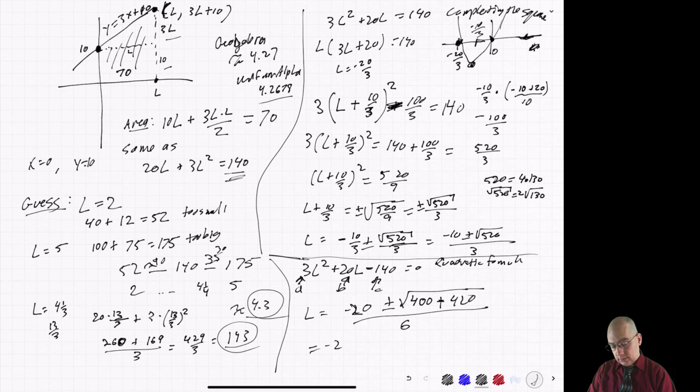And so that's equal to minus 20 plus or minus the square root of 820 over 6.